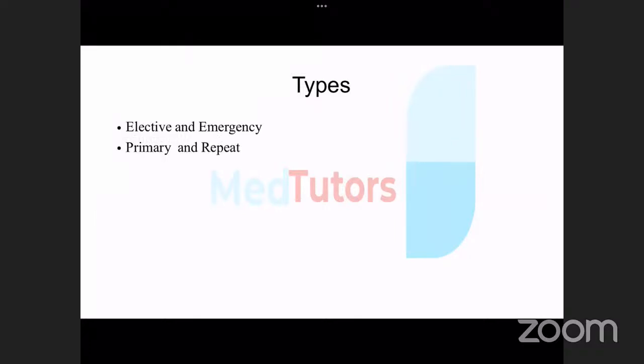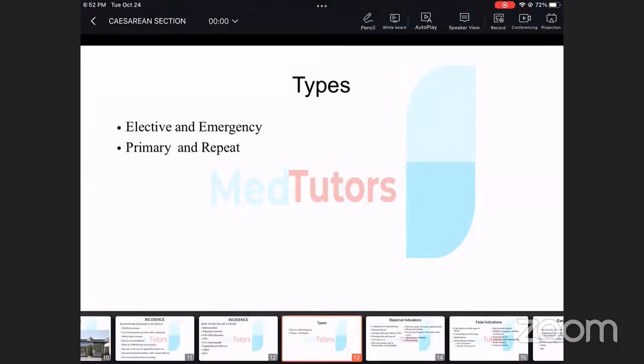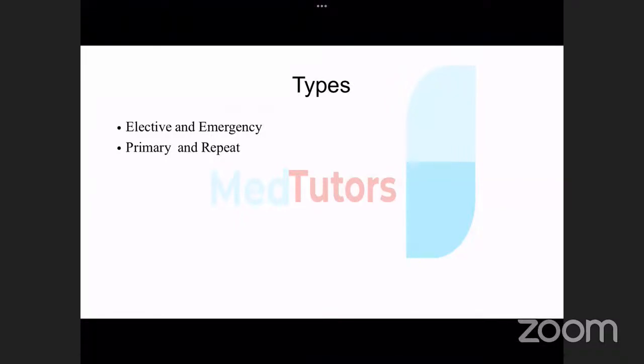What are the types of cesarean section? Cesarean section can be classified based on the timing, based on the number, and also based on the gestational age. Based on the timing, it can be elective, when it is planned, the woman is not in labor and it is planned beforehand.